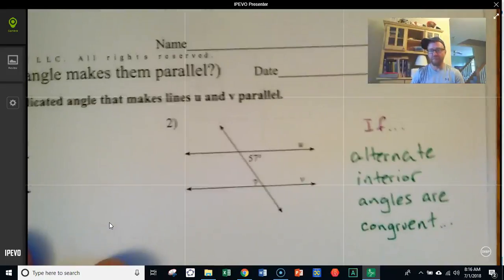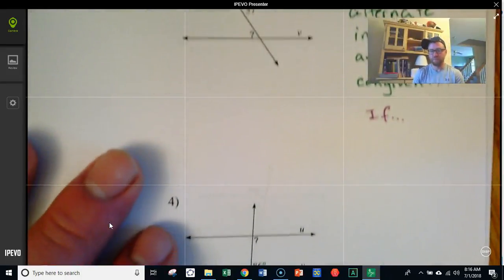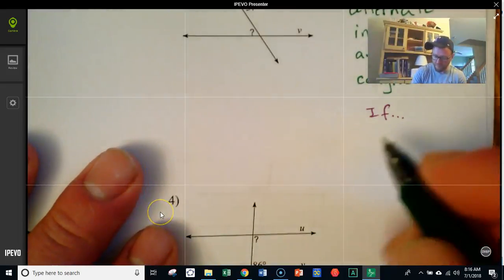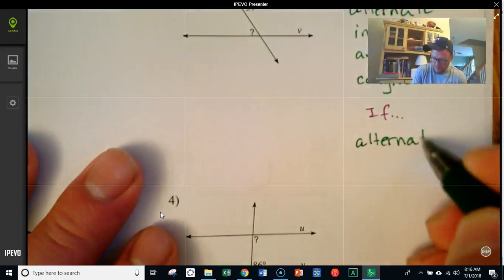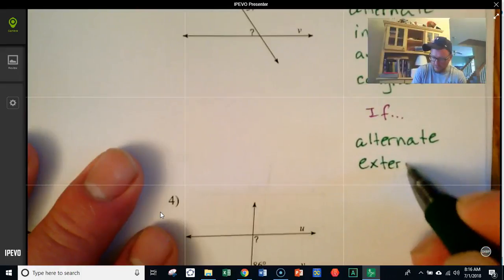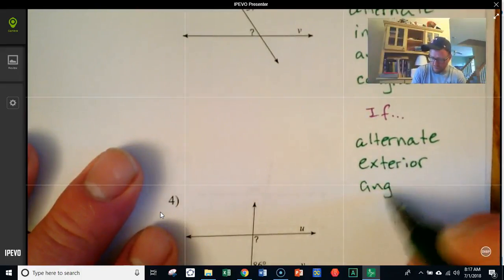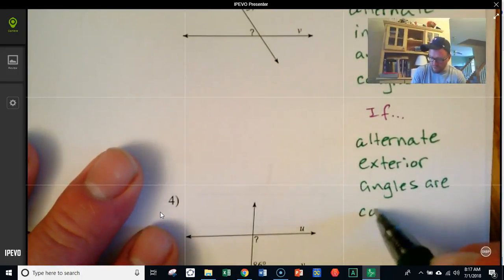If alternate interior angles are congruent, if alternate exterior angles are congruent.